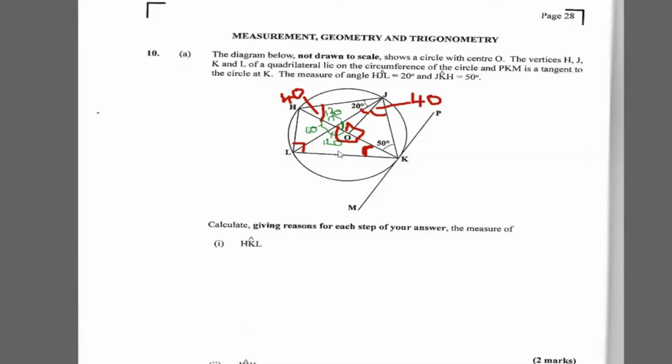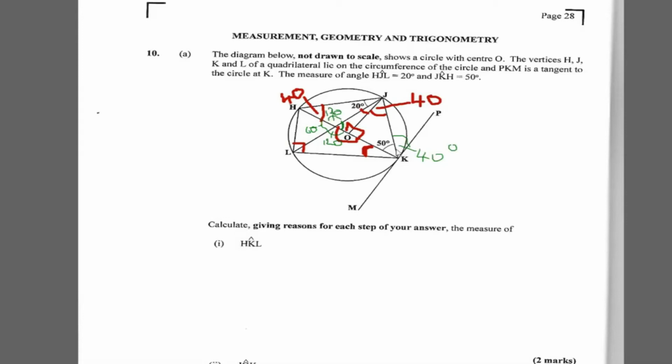We know this angle right here is 40. Oh my God, we didn't even need to do all of that. This angle is 40 because this is 90, all right?